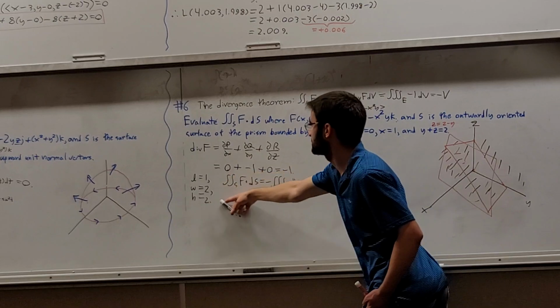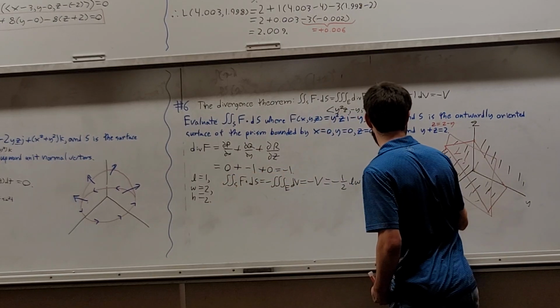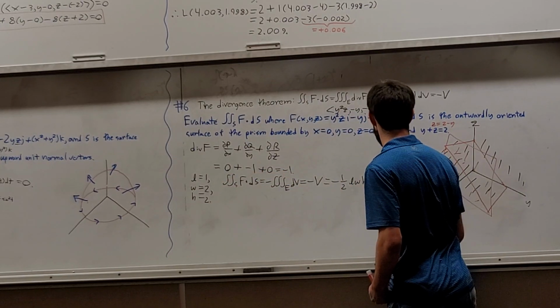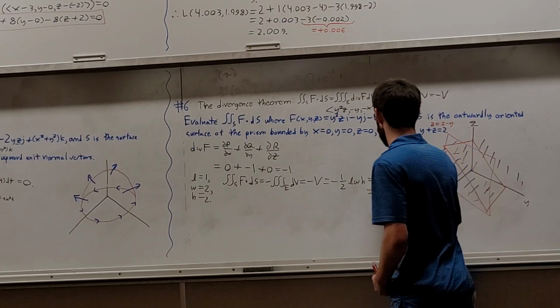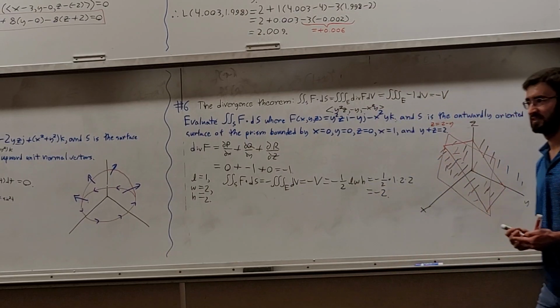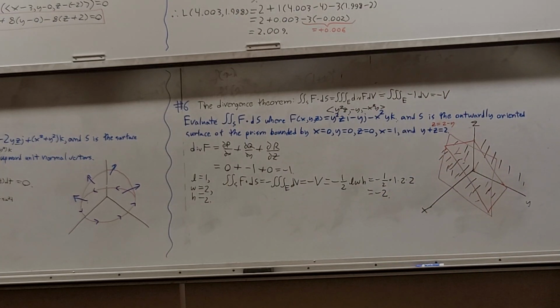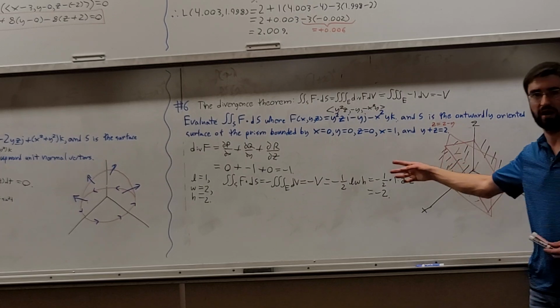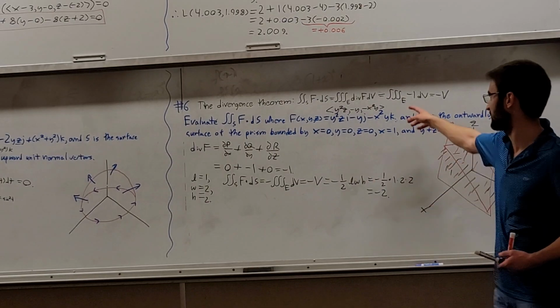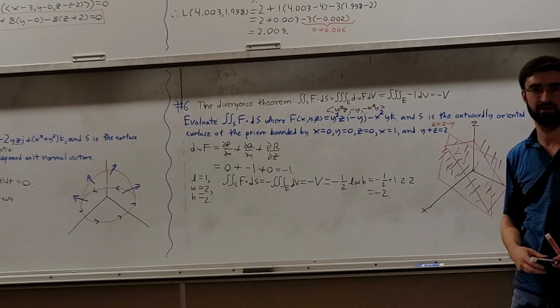So we just have 1 times 2 times 1 times 2. The classic picture. So you just get minus 2. So embarrassing. So you see the divergence theorem was really helpful here, because when we took the divergence of a vector field, we just got a constant.